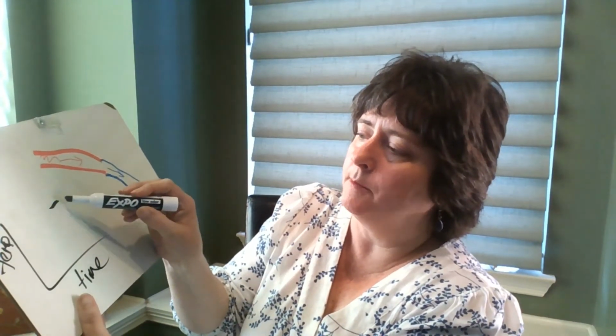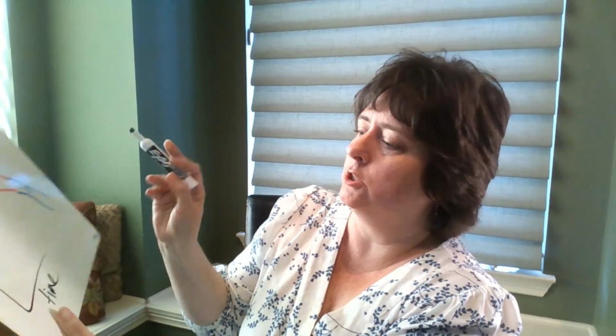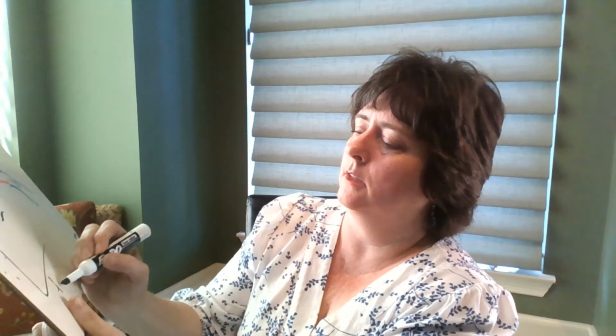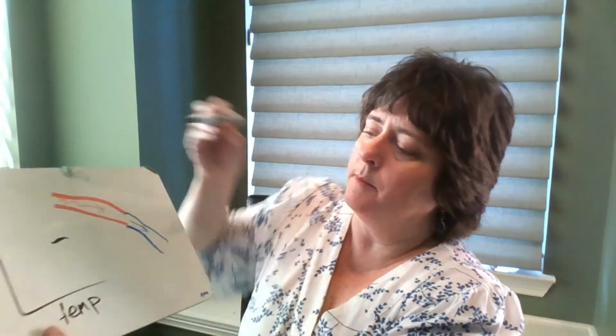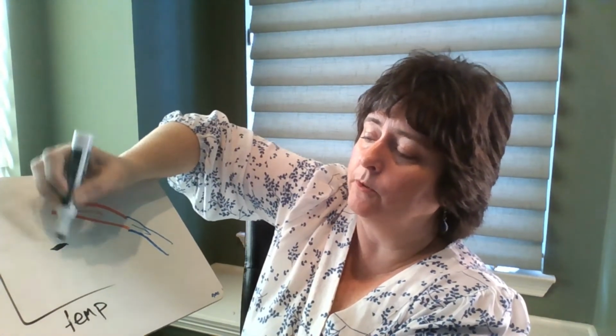Let me try this again. We're going to put temperature here, and this is the number of microorganisms. All right, so I've got a temperature that's my optimum growth temperature.